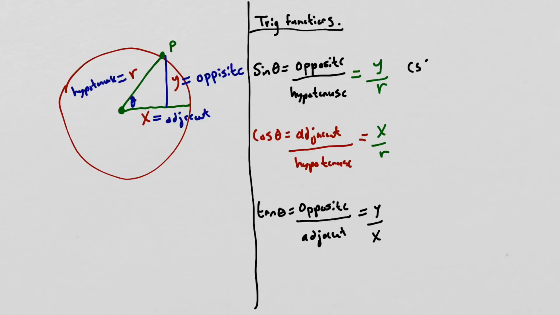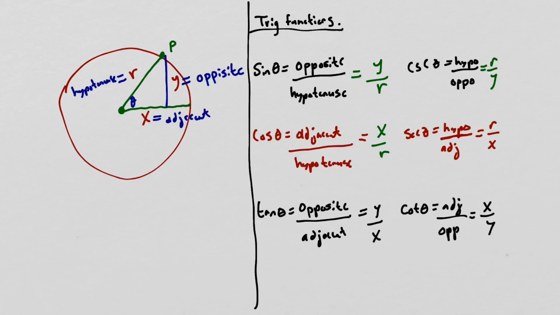Cosecant theta is going to be equal to hypotenuse divided by the opposite side, which is equal to r divided by y. Secant theta is going to be equal to hypotenuse divided by the adjacent side, which is going to be equal to r divided by x. Then finally, cotangent is going to be equal to adjacent divided by opposite, which is equal to x divided by y.